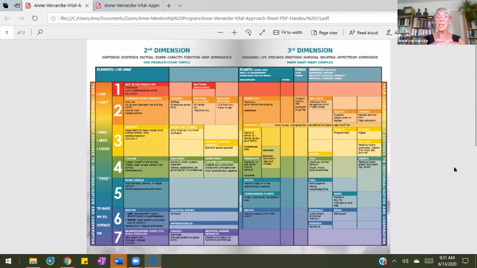The fourth row is all about going into the world and sustaining yourself. The fifth is doing something special, being unique, not being like everybody else, sticking out. And the sixth is all about mastery, mastering yourself or mastering the others, taking responsibility and giving the example for the others. While the seventh is disintegration. Under too much pressure, they disintegrate, and it's the end of it.